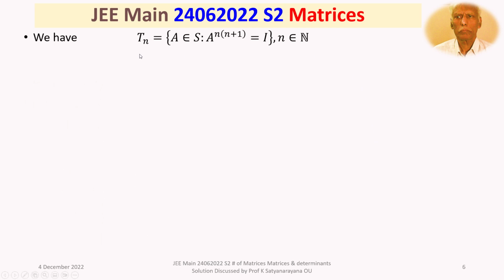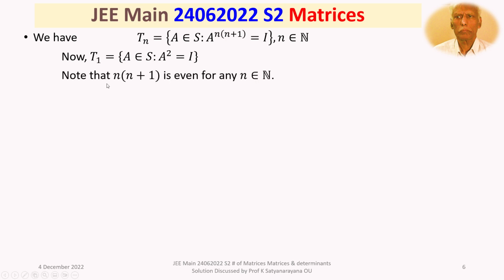So we have Tn, n belongs to the natural numbers. T1 is the set consisting of A belonging to S, A square equal to the identity. Note that for any natural number n, n times n plus 1 is always an even natural number.